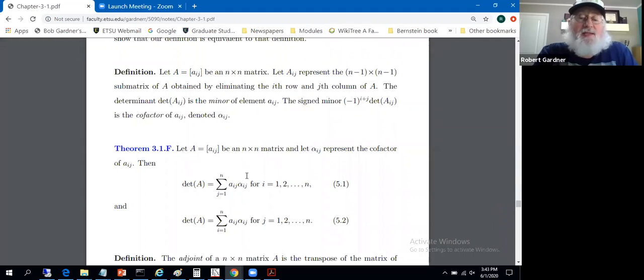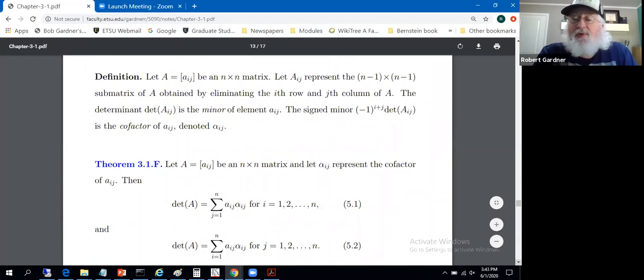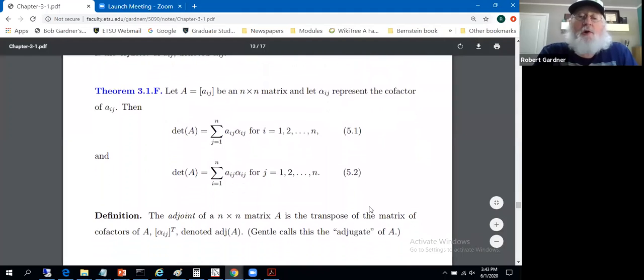Okay, so in this summation, the i's don't change. The i's represent rows. So what we're doing is summing along the ith row, or taking a summation involving the ith row of matrix A and the associated ith row cofactors.